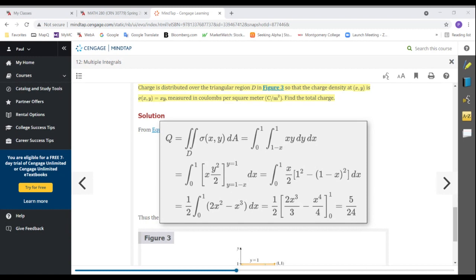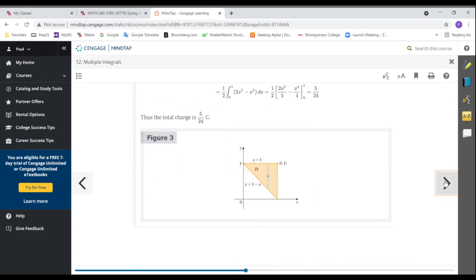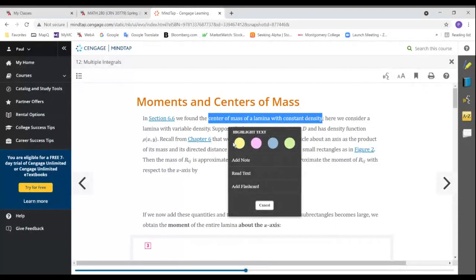Okay. Well, that being said, let's move on to moments and centers of mass. Now, at least at Montgomery College, in Calculus 2, one of the applications in section 6.6 is finding the center of mass with a constant density.